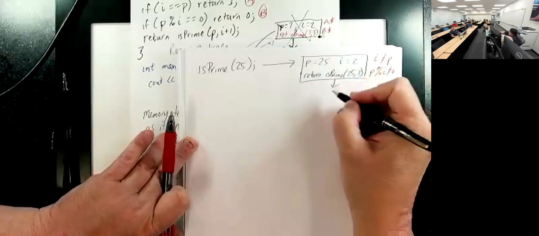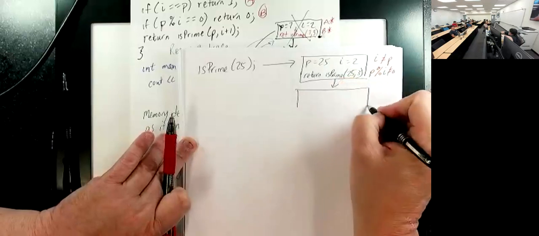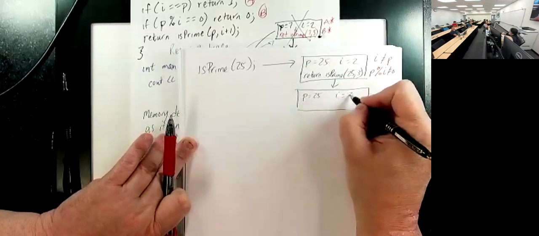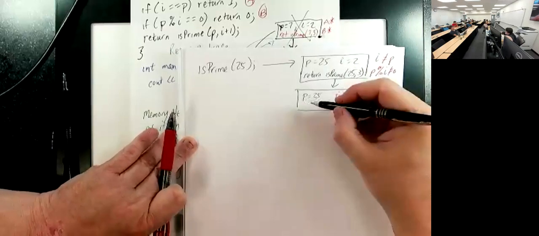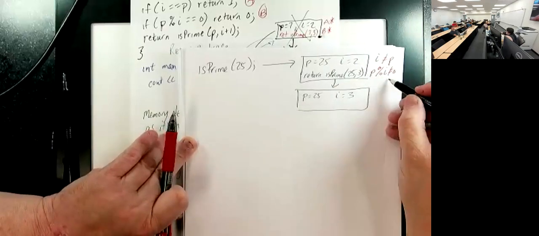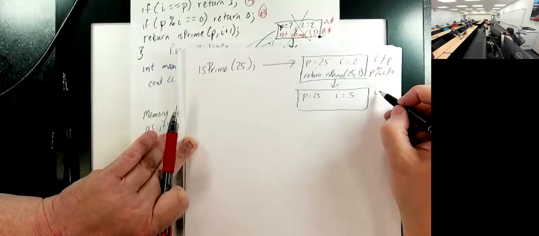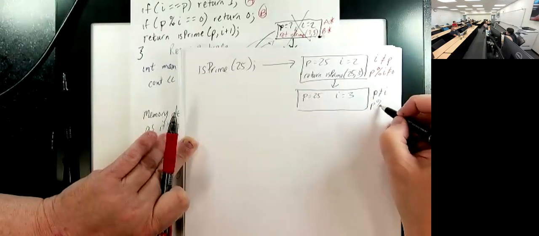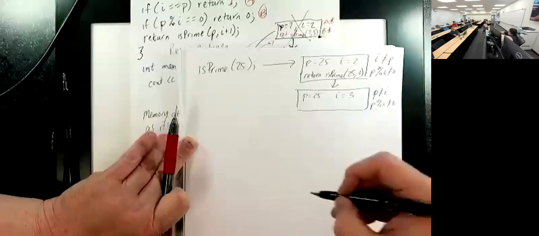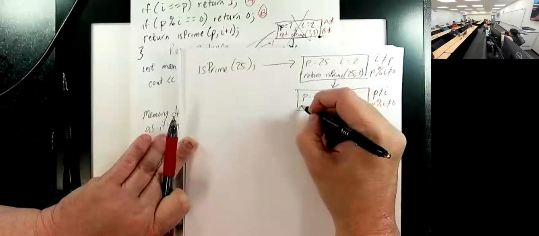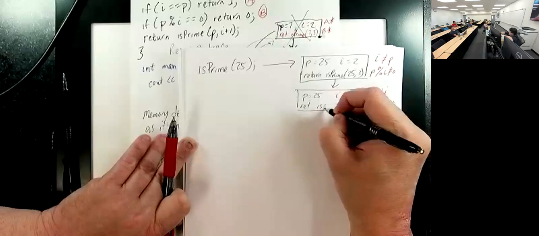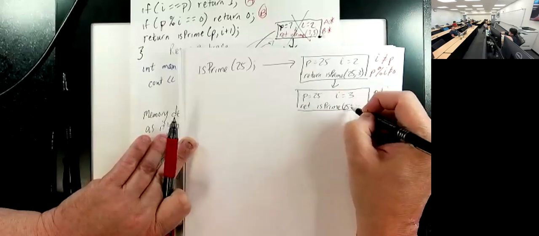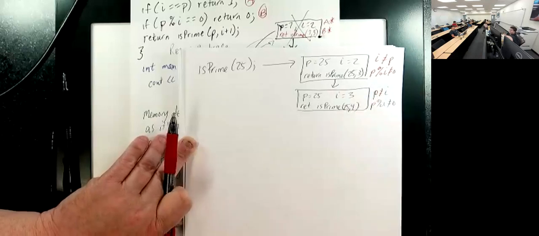So we get another window, boom. p is 25, we have more on the stack. Memory's taking up. Again, i doesn't equal p, and p mod i does not equal 0. So we're going to return is prime 25, 4.